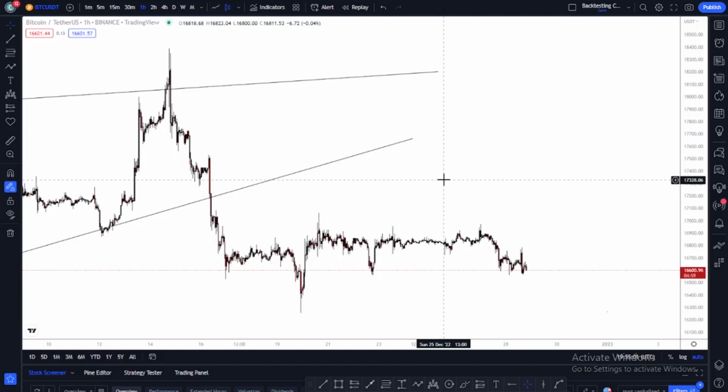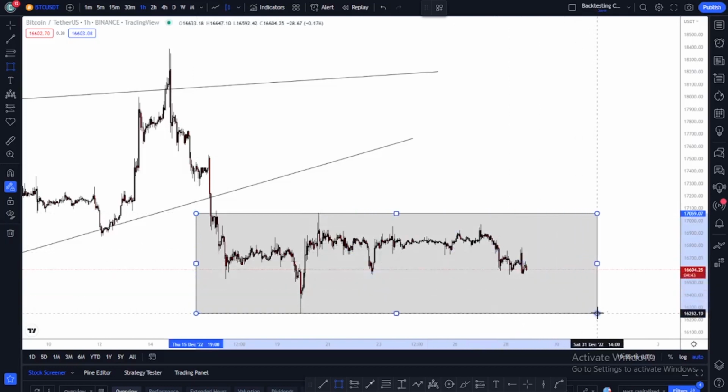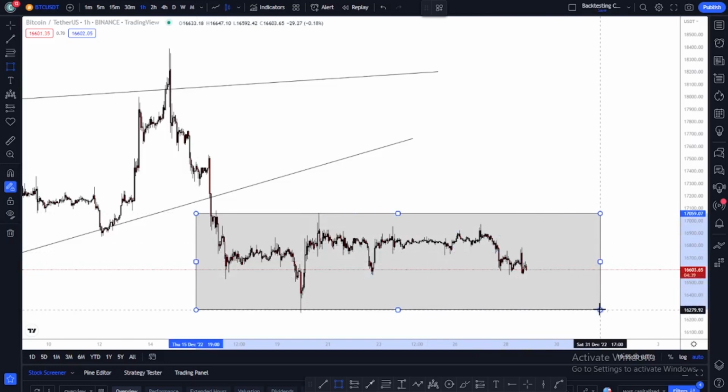Okay, so after I came to my H1, what do I realize? I realized price was kind of consolidating. Price was kind of moving sideways, but from my experience I can see price was still forming a chart pattern.